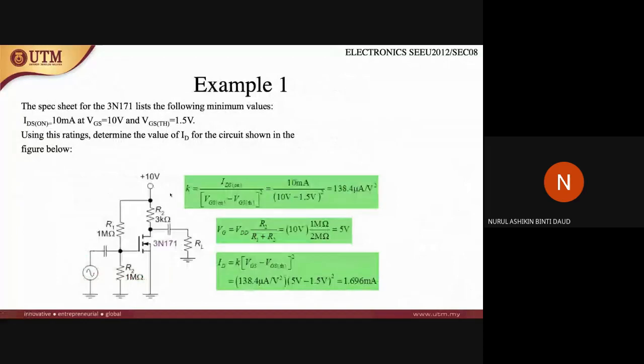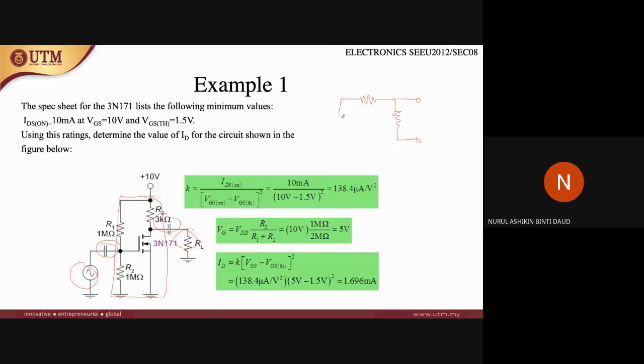Okay, I'm sharing my slides now. First of all, you remove this part and it will leave behind only this part. This is R1, this is R2, and this is the VG value.